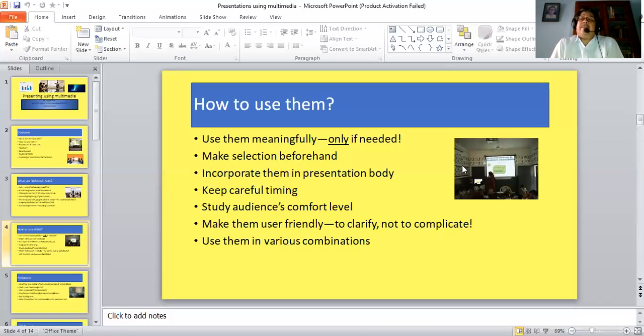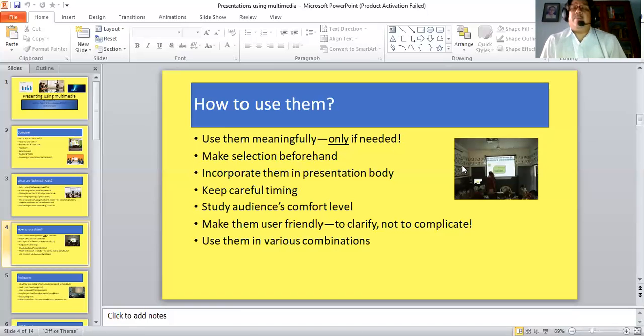And whenever you are using technical aids or digital aids, even if you are using them, make them user friendly and adapt them to your audience's level and to their understanding levels. Also, use them in various combinations.